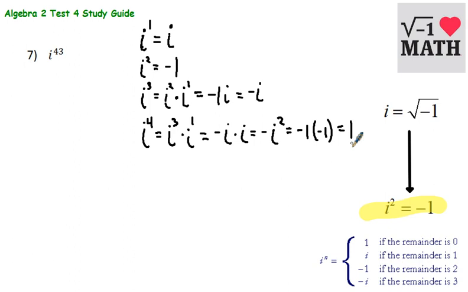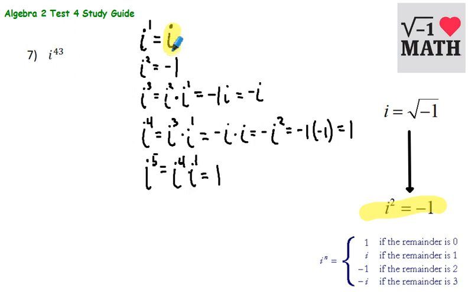Okay. All right, and then what would i to the fifth power be? Well, i to the fifth power would be i to the fourth power times i to the first power. We know that i to the fourth, as we just figured out, is 1. Maybe we can highlight these so we can see what's happening here.